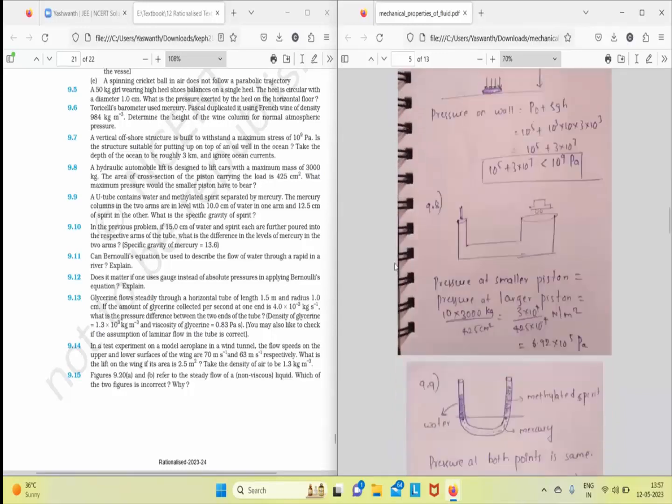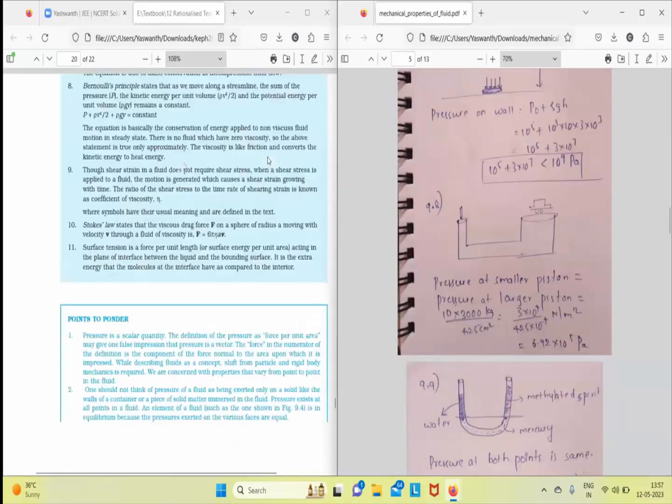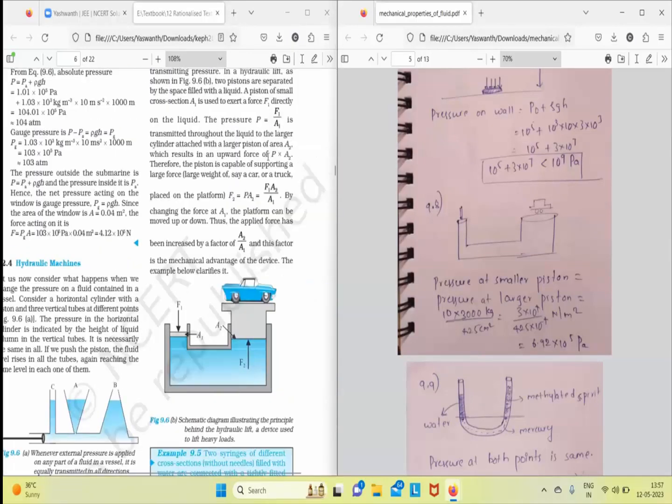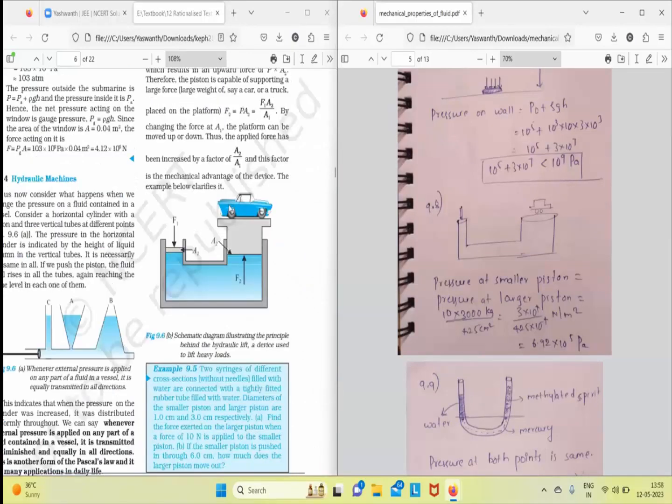So if you can see the diagram of the hydraulic machine. Wait, let me show you it in the textbook itself. Here we got it. So this is the hydraulic machine. Here you have some vehicle, some huge load, and here you will be having a very small piston on which you apply pressure to lift the load on the other side.